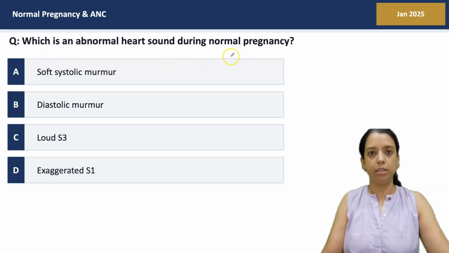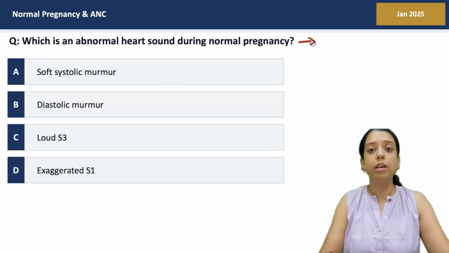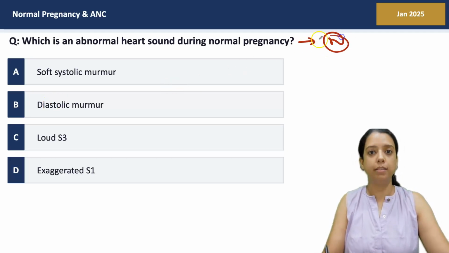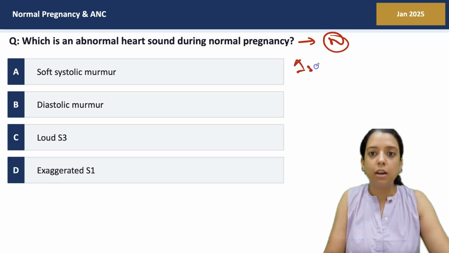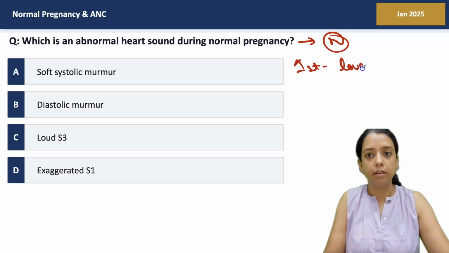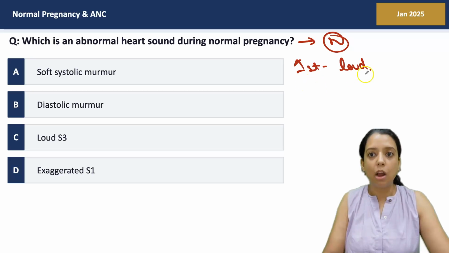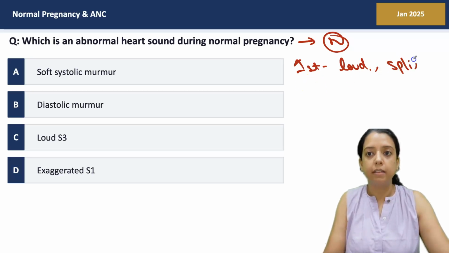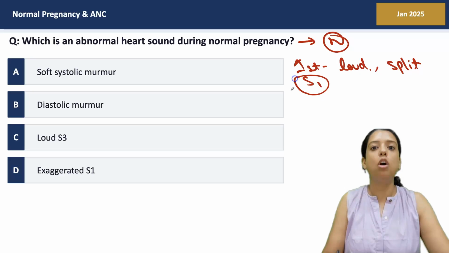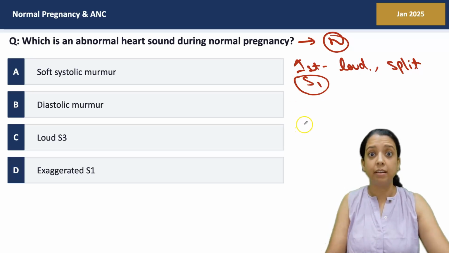Which is an abnormal heart sound during the normal pregnancy? Some heart sounds are normal. What are the normal heart sounds? The first heart sound becomes loud. The S1 becomes loud and it is split. This is the first thing.